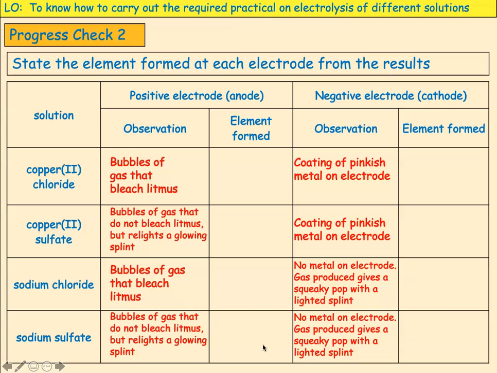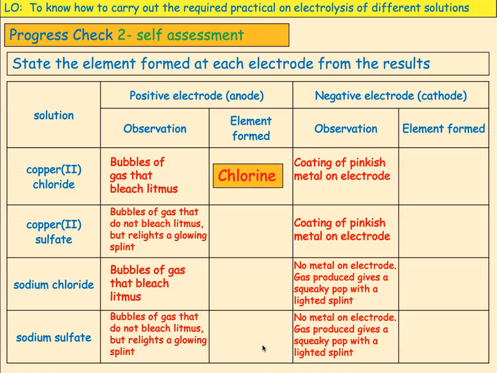Okay, welcome back. Let's go through these answers and self-assess. Bubbles of gas that bleach litmus, that is chlorine. Coating of pinkish metal on the electrode, that is copper. Bubbles of gas that do not bleach litmus but relight a glowing splint, that is oxygen.